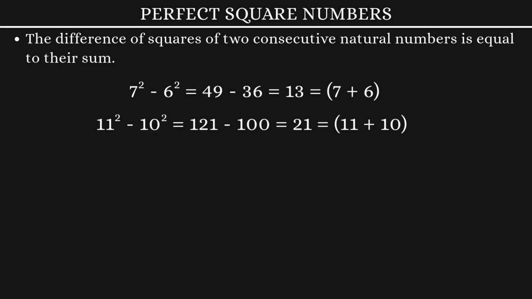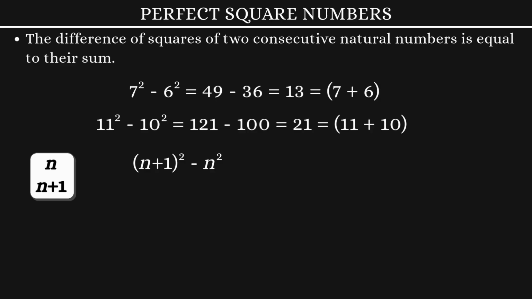Let's check why this is true. If n and n plus 1 are the two consecutive numbers, on squaring we have n squared and n plus 1 the whole squared.